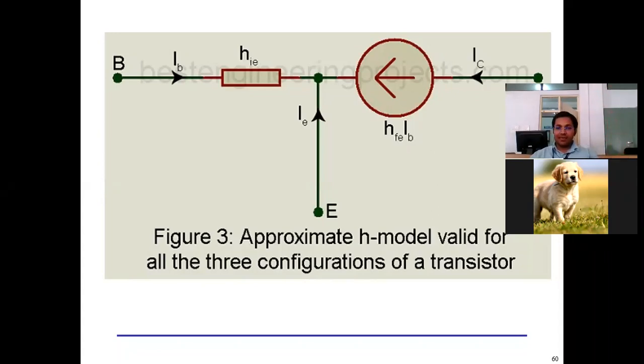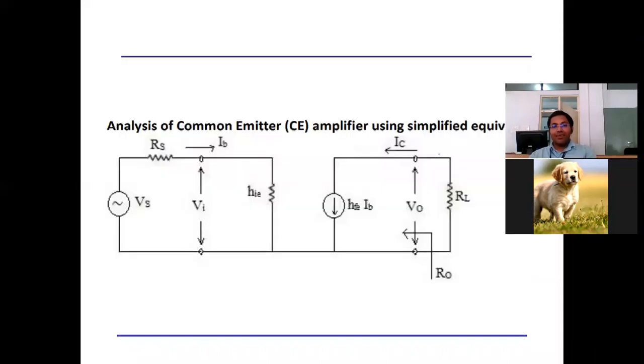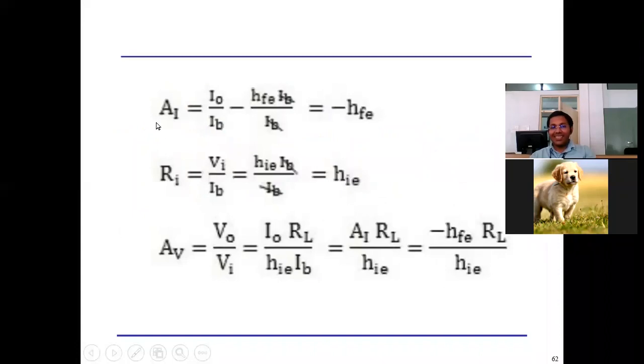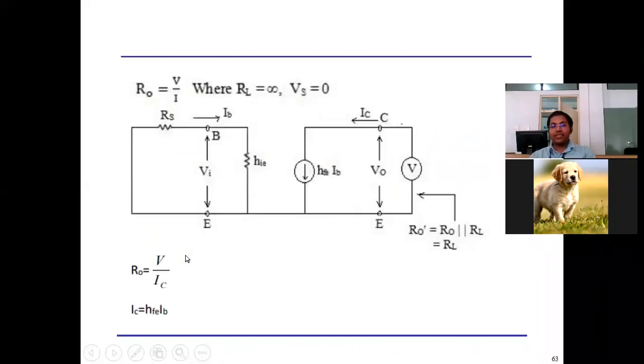Take the approximate H parameter model, replace the transistor with that, and analyze for AC equivalent circuits. Very easy. In the previous class we did the common emitter configuration. We replaced the transistor by the approximate model and analyzed current gain, input resistance, voltage gain, output resistance.